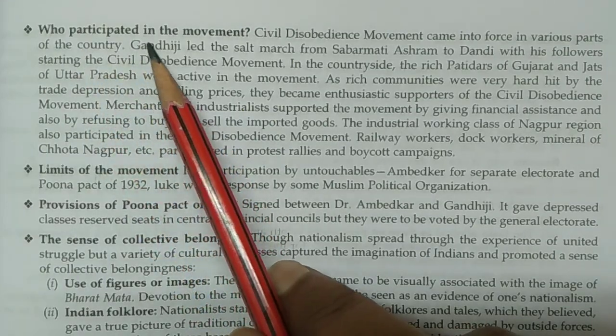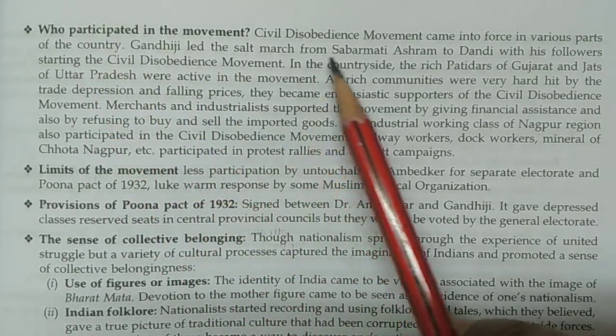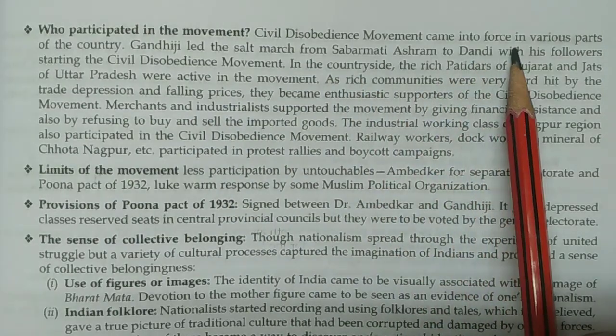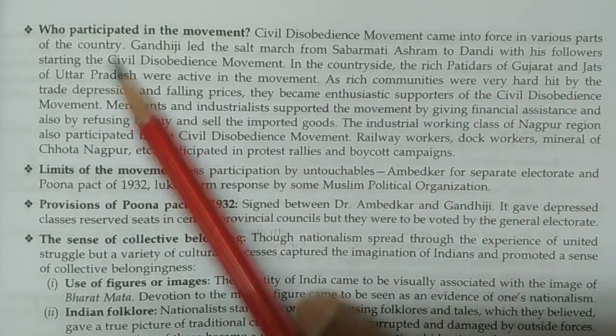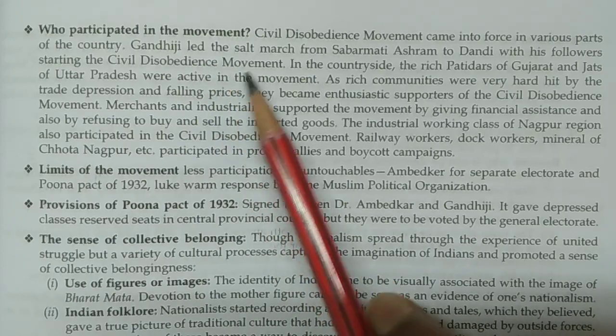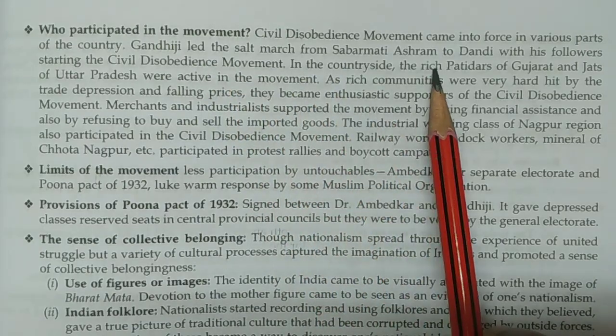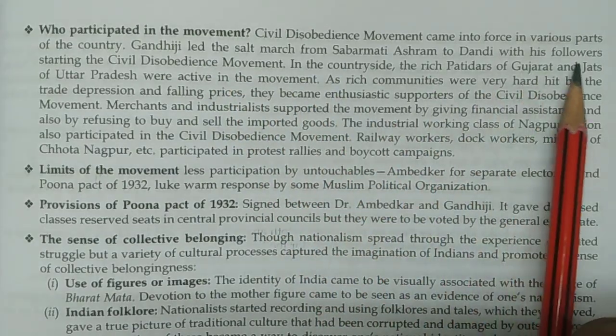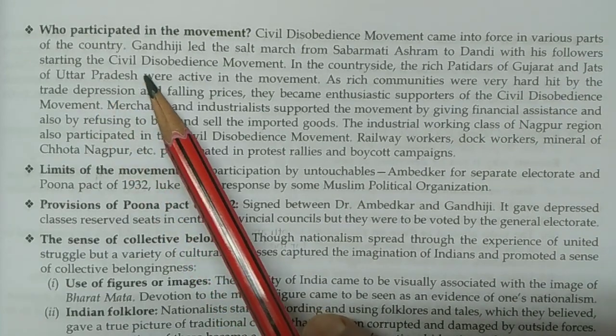Who participated in the movement? The civil disobedience movement came into force in various parts of the country. Gandhiji led the short march from Sabarmati Ashram to Dandi with his followers, starting the civil disobedience movement.